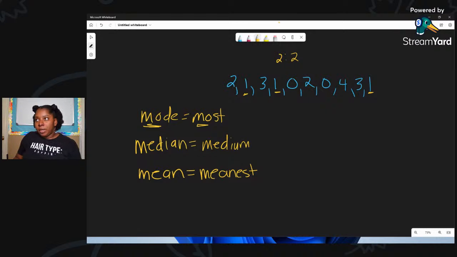I have 3 ones. How many zeros do I have? 2. And how many 3s do I have? 2. And how many 4s do I have? 1. Okay. So it's clear that the mode would be 1 because it's the one that shows up the most.